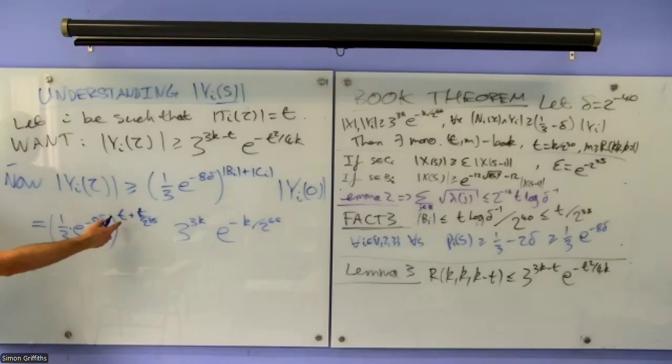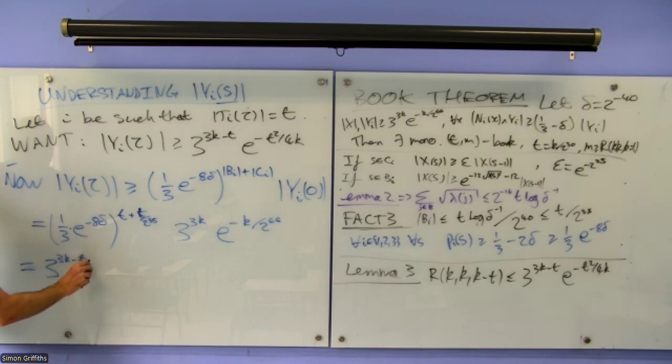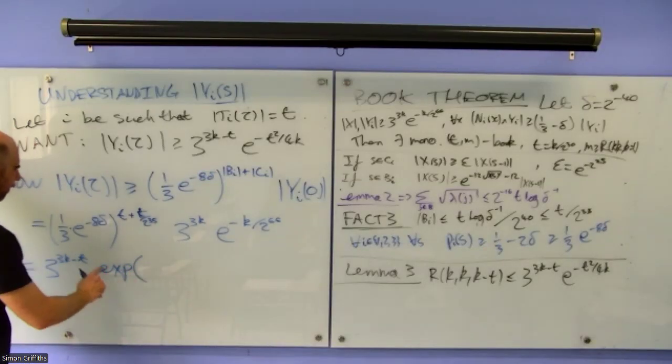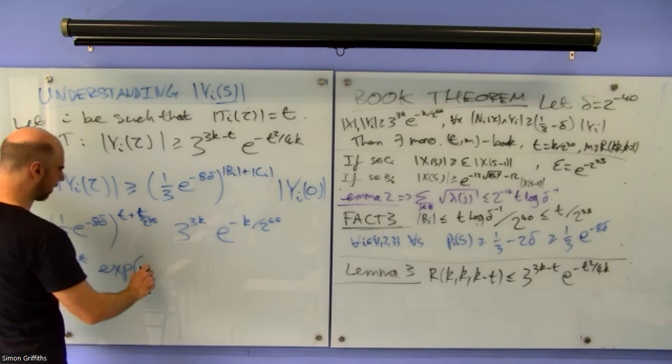Even though I put this as one term with two different contributions to the power, we'll deal with these in slightly different ways. For the t, they're going to produce a 3 to the minus t, so we put that on the 3 to the 3k minus t. They're going to produce an e to the minus, I could just do this x thing, we're going to have minus 8 delta t.